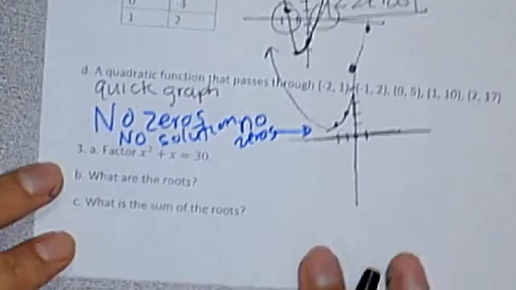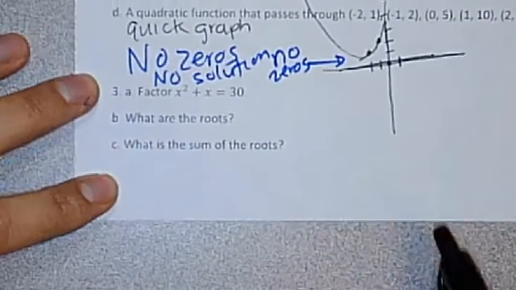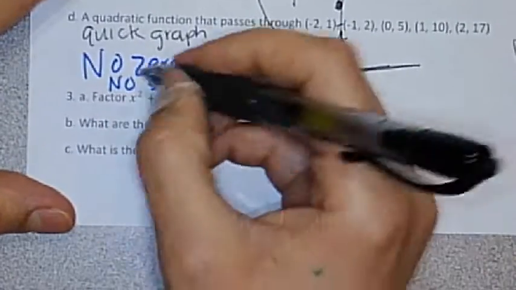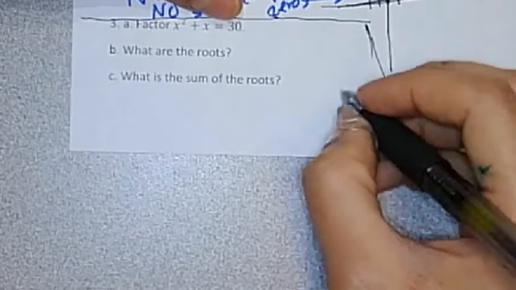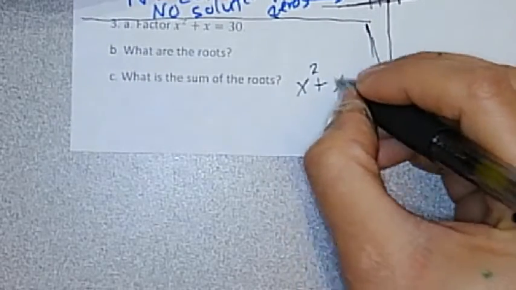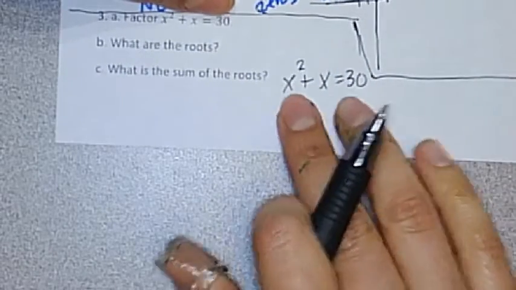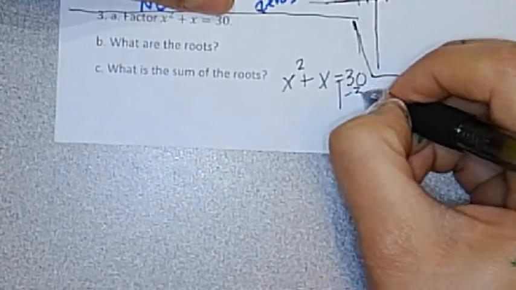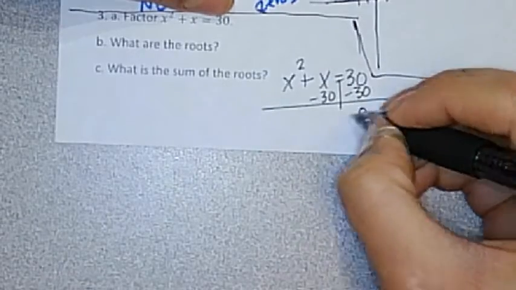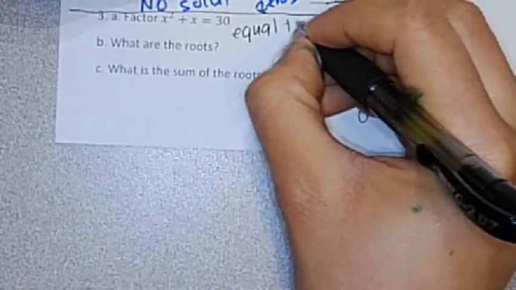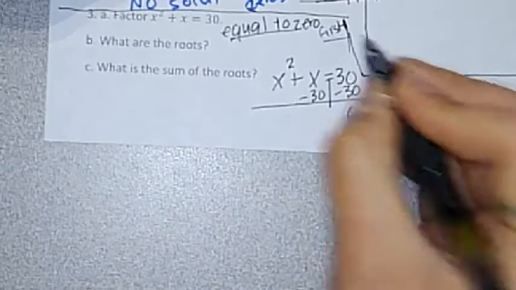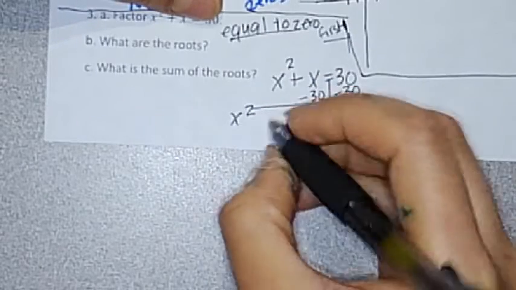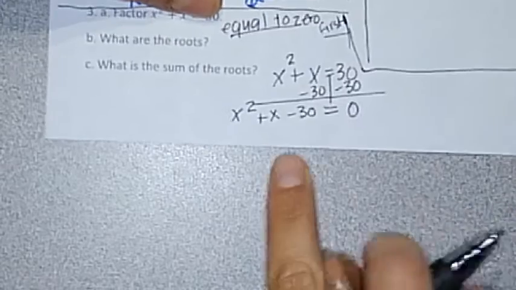Number 3, we've got to factor this. What are the roots? What is the sum of the roots? So I'm going to go ahead and factor it over here. In order to factor, I have to have it equal to 0 first.